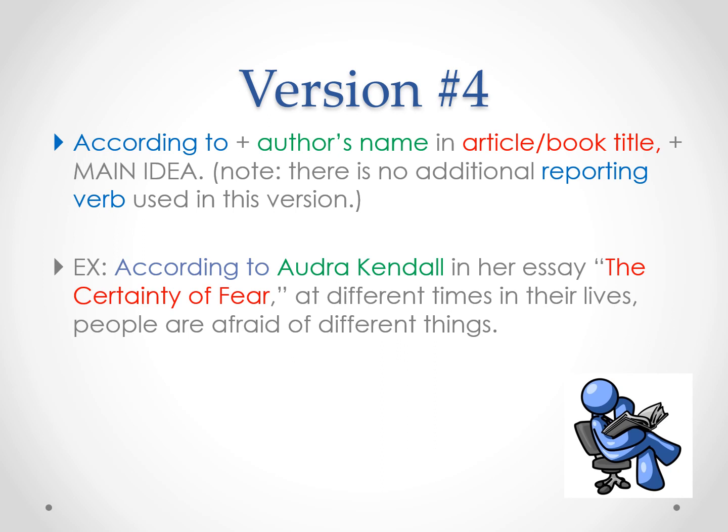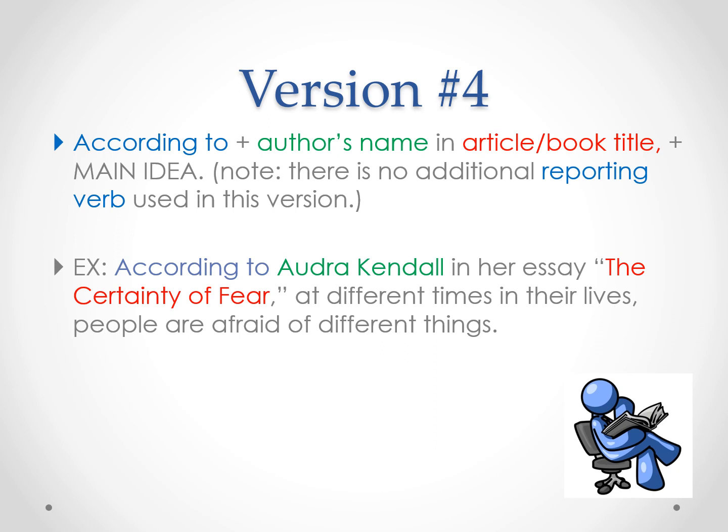We still are using "in" in front of the name of the title, and then we have a comma here, and we have the main idea. Notice that when we're writing the main idea in this one, it has to be a complete sentence because it's not coming after a verb. So it looks something like this, right? According to Audra Kendall in her essay, "The Certainty of Fear," comma, and then we have the main idea, which is a complete sentence there.